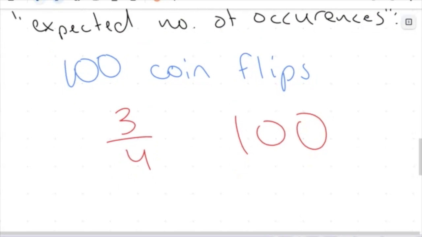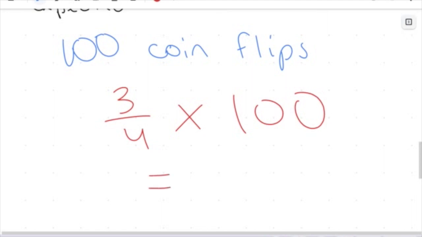So when we're finding a fraction of a quantity, thinking back to year 7, we are taking 3/4 lots of 100. And this is going to give me 75.